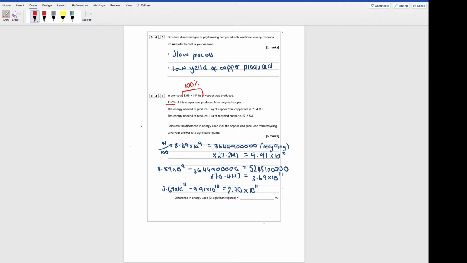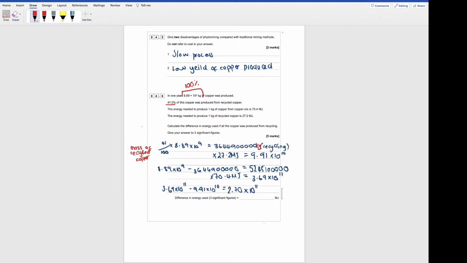I'm finding out the mass of recycled copper. So this many kilograms was produced. Okay? To do that, I did 41 over 100 to get my percentage, and then multiply by 8.89 the total to get my kilograms of recycled copper.